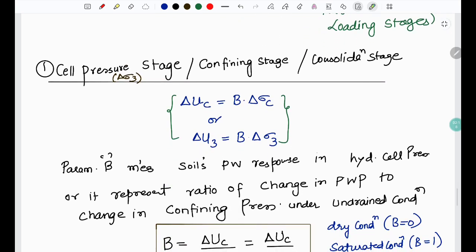So the parameter B measures the soil's pore water response to the hydrostatic cell pressure sigma 3, or it represents the ratio of change in pore water pressure to the change in confining pressure.